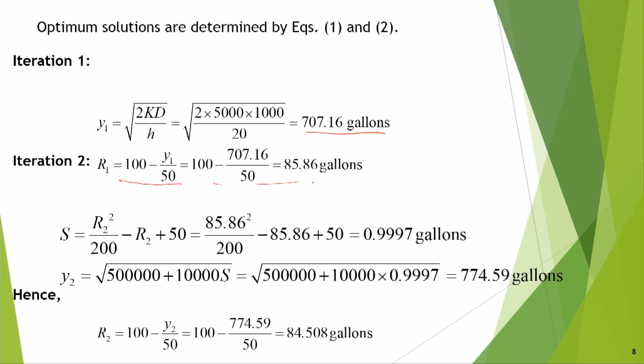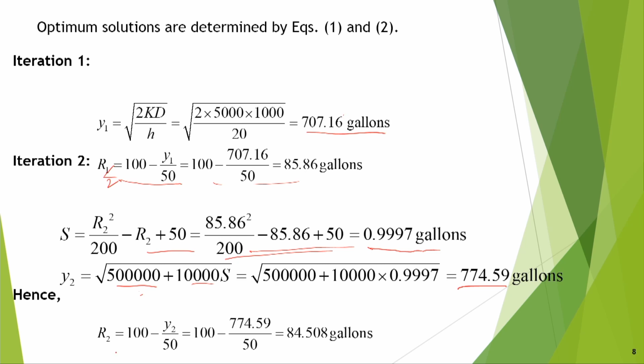At iteration 2 we get r2 and put it here, r2 square by 200. Shortage cost is this. In this shortage expression we put the value and we obtain the shortage, and then we find y2 is equal to this much, 500,000 plus 10,000 S, and we get a new value of y2 which is different from y1.